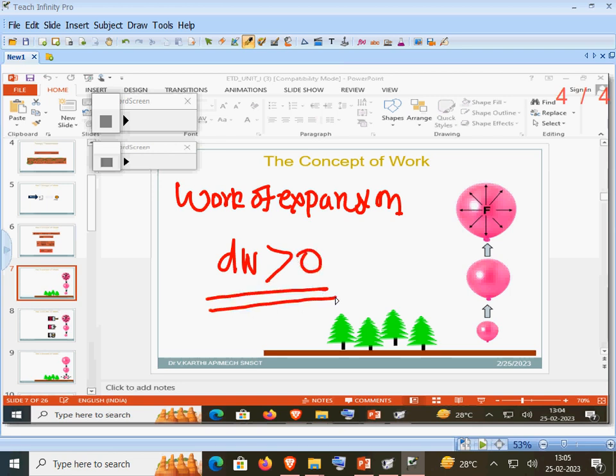A rising parcel undergoes expansion work since the environmental pressure decreases with height. With height, a rising parcel must expand to maintain an equivalent pressure.